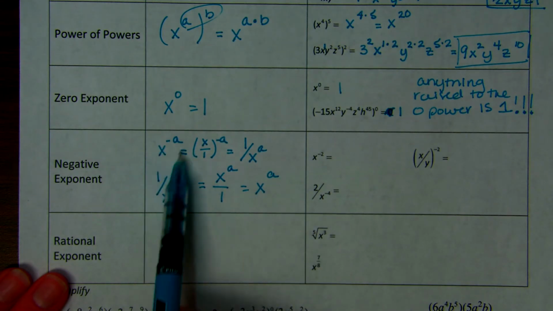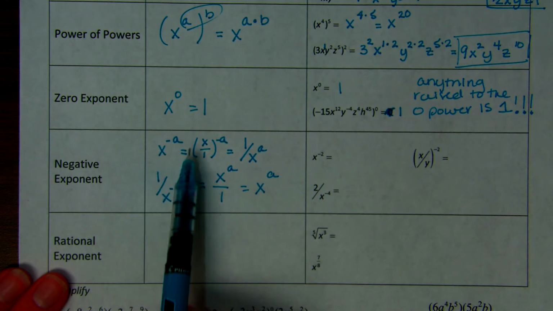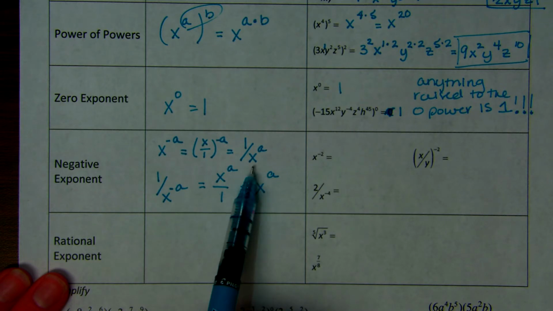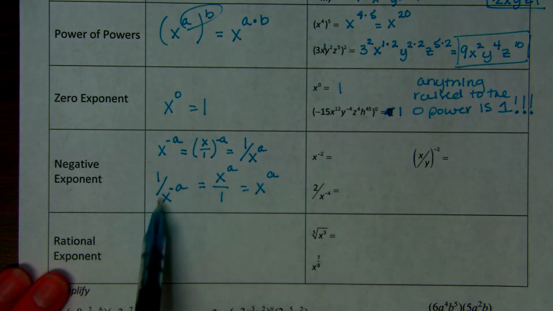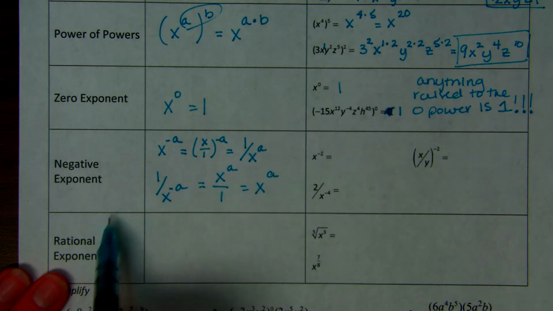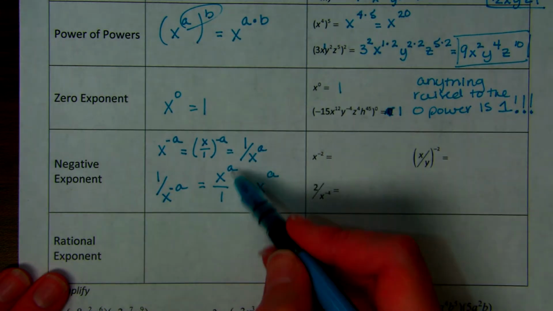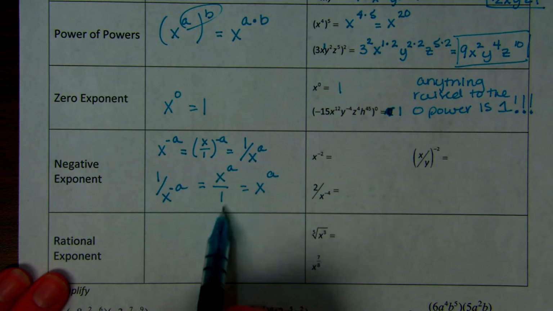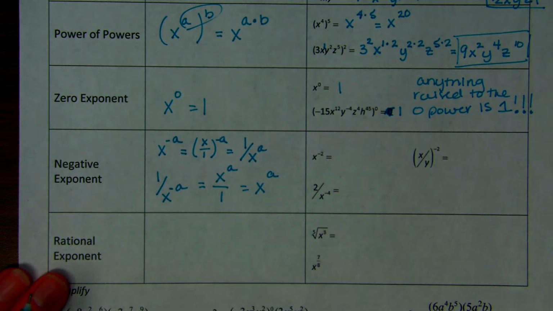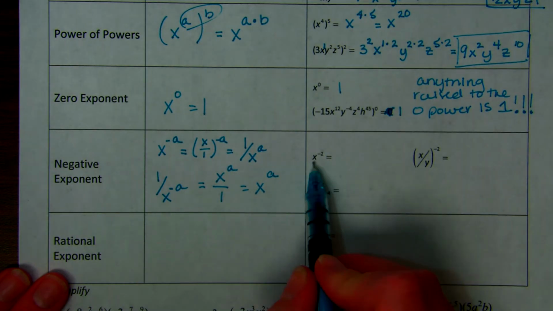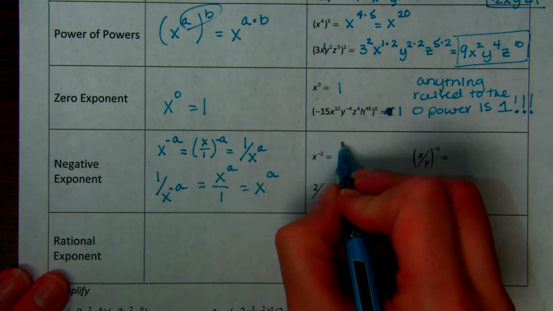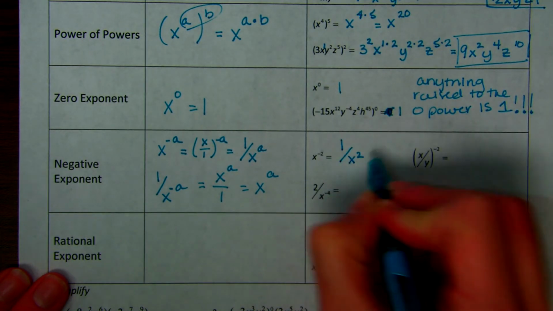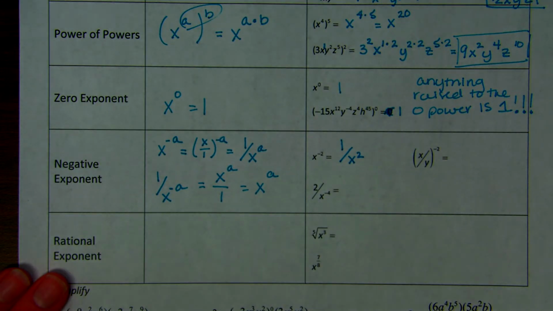So if you start with a term that's not in a denominator with a negative exponent, you throw it into a denominator. And if you start with a term that is in a denominator with a negative exponent, you throw it out of the denominator. It becomes a numerator. And in cases like this, it's just over 1, so it's just x to the a power. Okay, so here I have x to the negative 2, and so that just becomes 1 over x squared. It just is a denominator now.